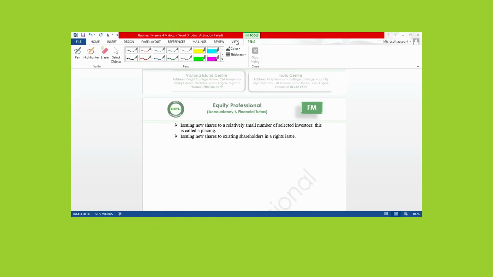The shares are not made known to the public, not to the general public. The shares are issued to a small number of investors. These selected investors are called institutional investors.